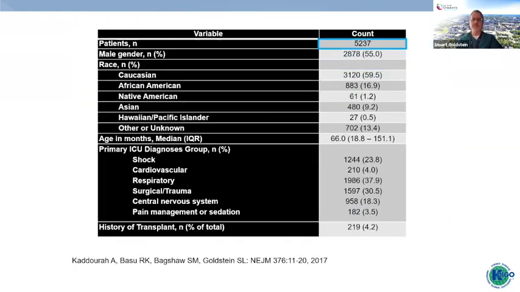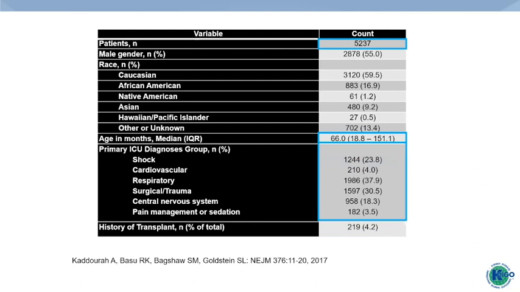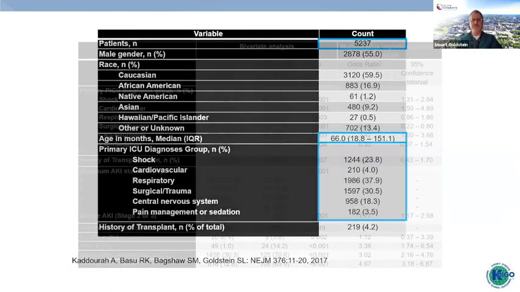Ultimately, 5,200 patients were enrolled in AWARE. The median age was about 5.5 years. And you can see the primary diagnoses that were associated with the admission to the ICU.